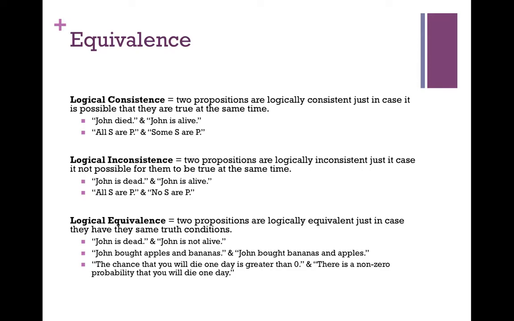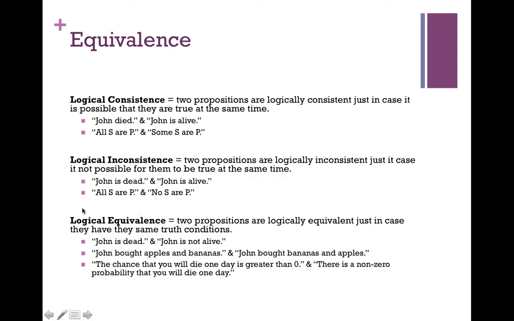Now I want to make a quick point here, because if two statements are logically equivalent, then they are also logically consistent. So two statements that are logically equivalent, like John is dead and John is not alive, mean the same thing. That means there is some possibility in which they're both true at the same time. In fact, they're true at all the same times.